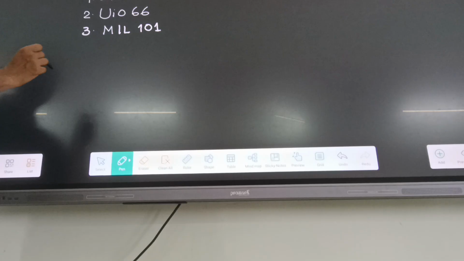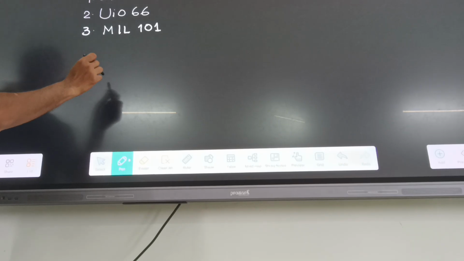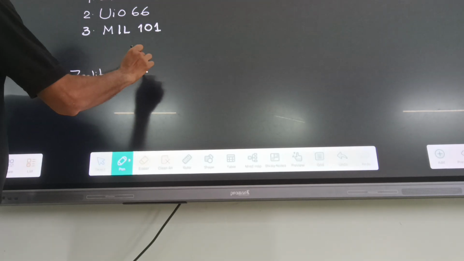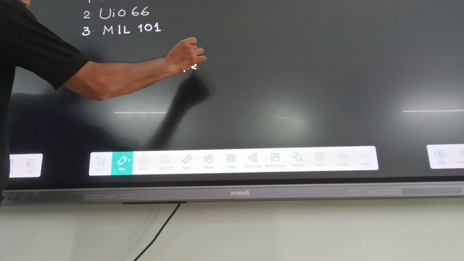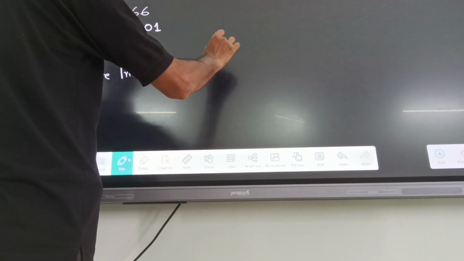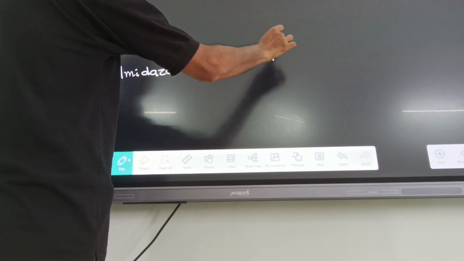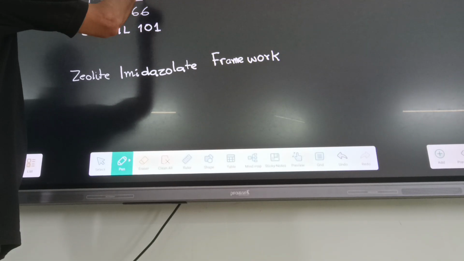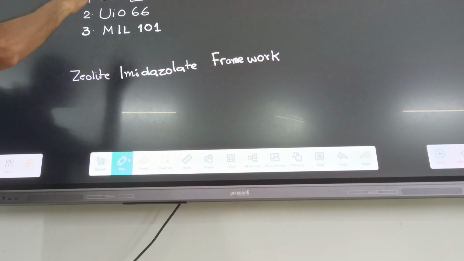ZIF का मतलब है zeolitic imidazolate framework. अच्छा ये जो नंबर 8 है इसका कोई टेक्निकल सिग्निफिकेंस नहीं है. ये जो ग्रुप है जिस ग्रुप ने सेंसर निकाला है उनका 8 कंपाउंड है.